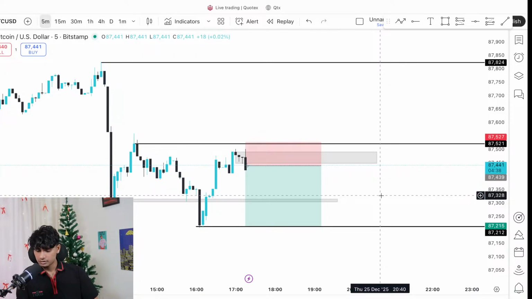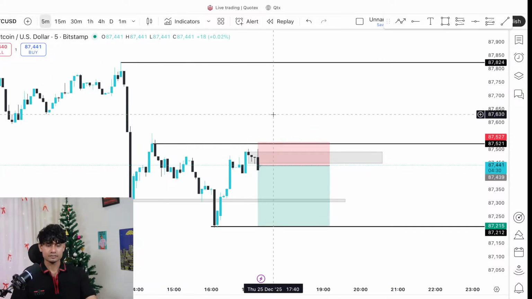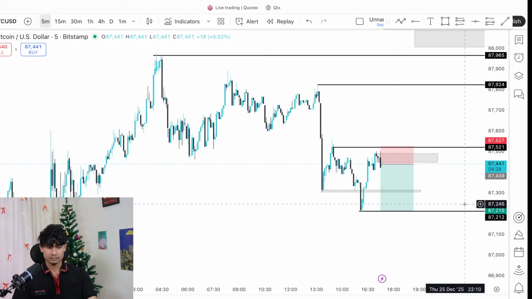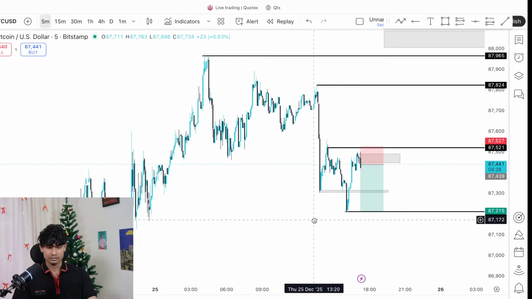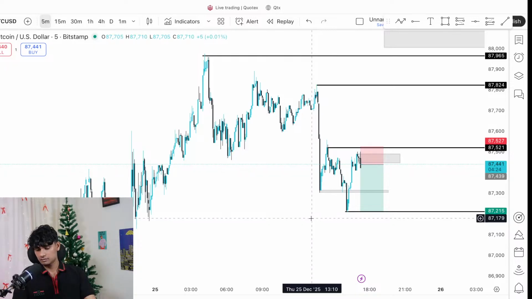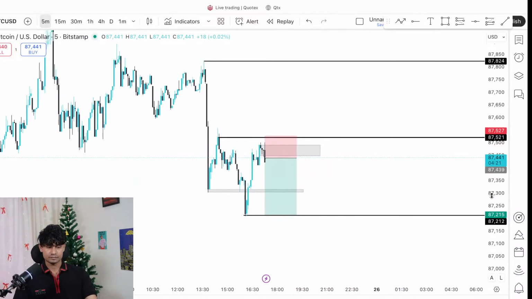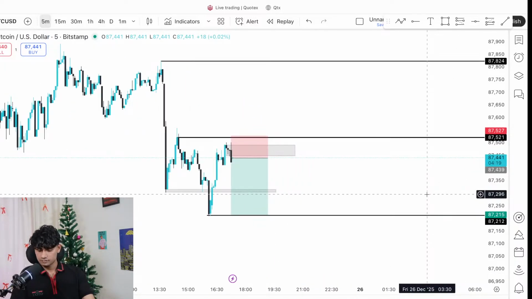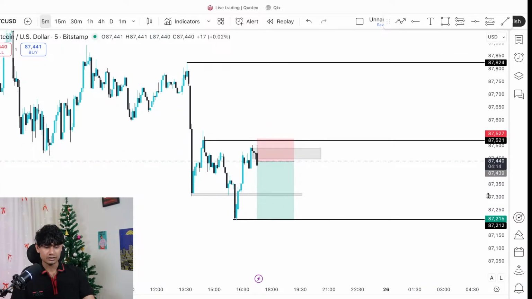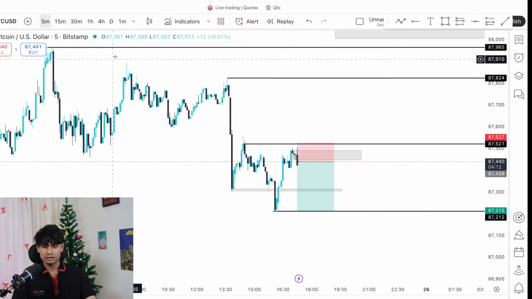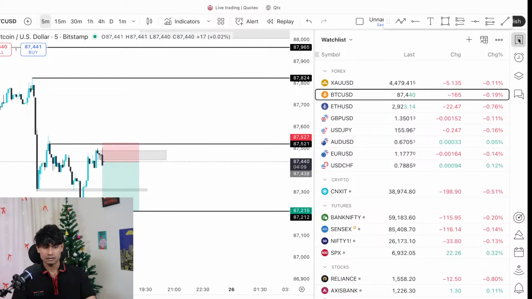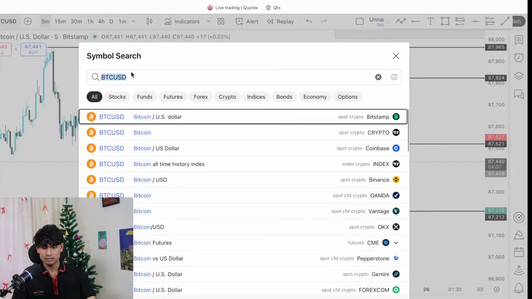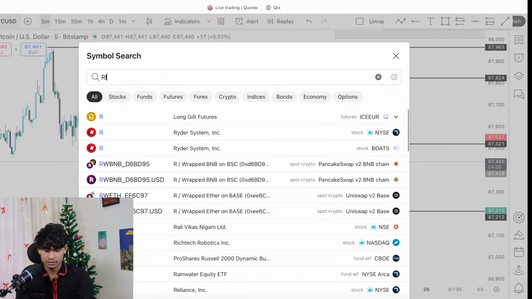Take a look at its graph. Which graph? You're talking about the BTC graph? River coin. What is river coin? What do you guys do, bro? River coin.